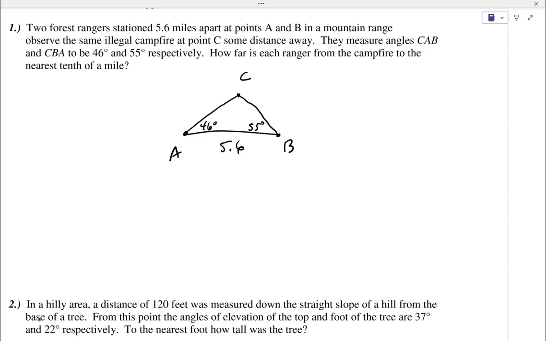All right, so let's label the two sides that we need to find. So we've got A and B. So what would you need to set up to solve for A?